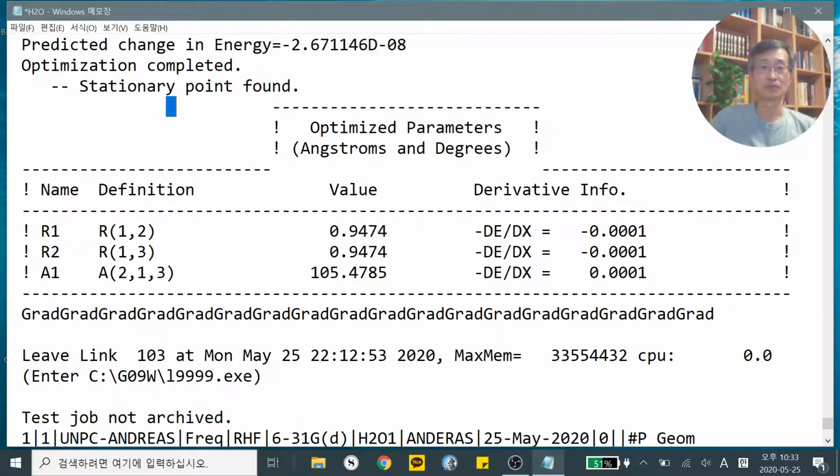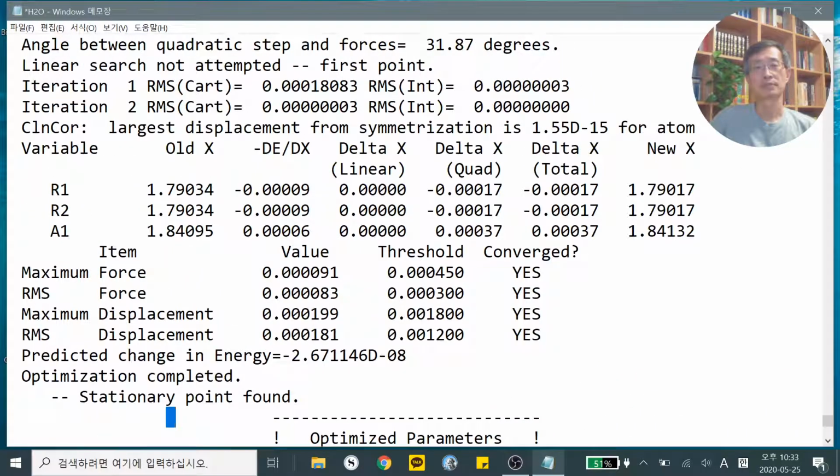It says stationary point, and what the stationary points are, and that will tell you what is involved in the molecule and in the calculation, and the scientific meaning of the finding of this calculation.